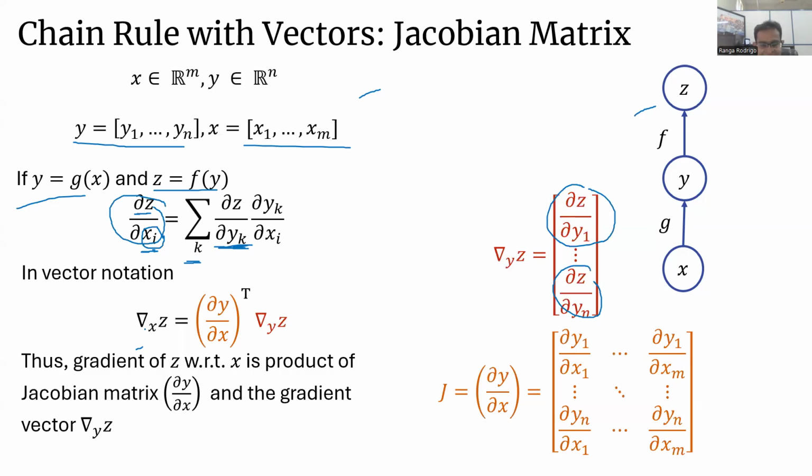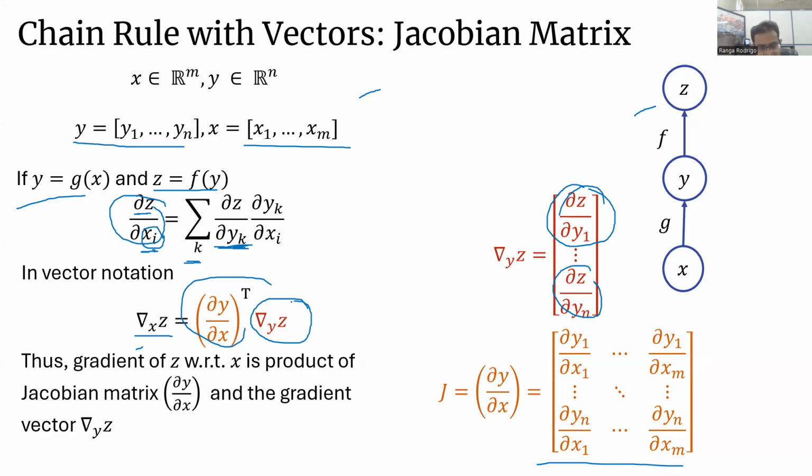So there you can see, if you take all of the x's, grad x z, you take the transpose of this matrix and multiply these numbers. I hope that is clear to you when you think about it a little.